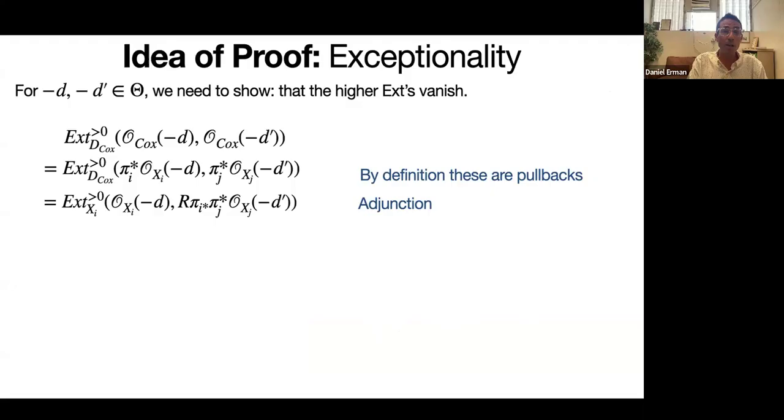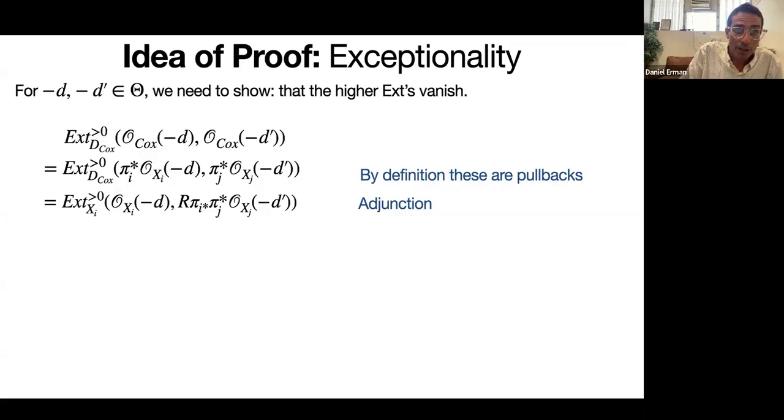So we want to show that these line bundles are orthogonal to each other in a particular sense, and that amounts to higher vanishing. I want to highlight a little bit what's going on here. I've got to prove that certain higher Ext groups vanish. Objects in the Cox category, by definition, are pulled back from the various X_i's.